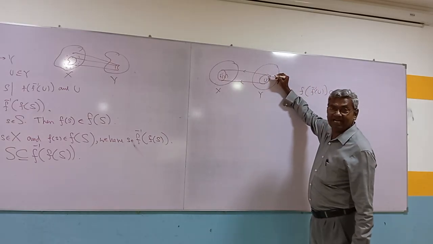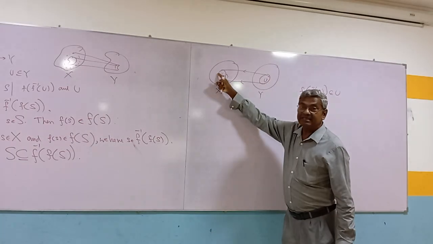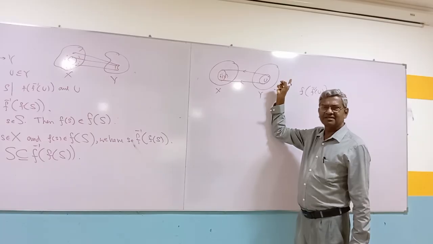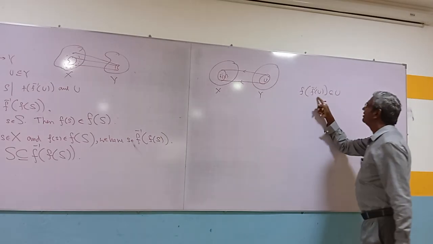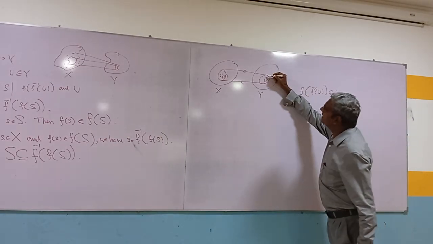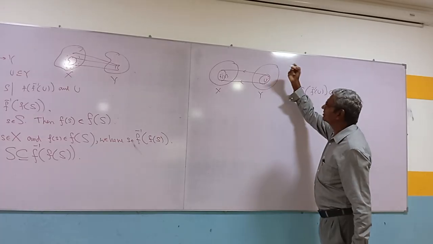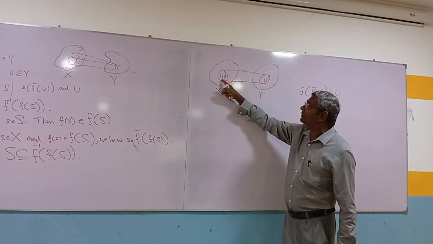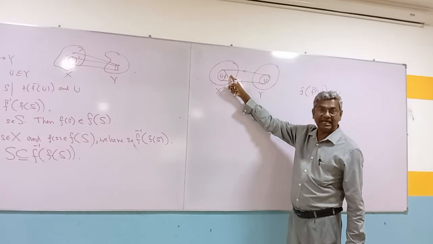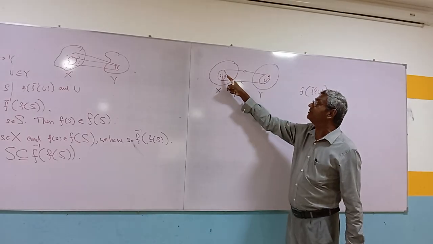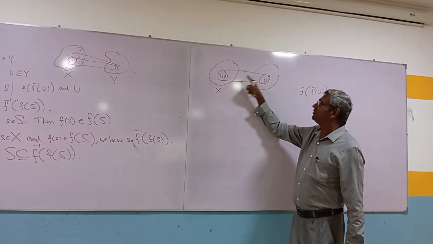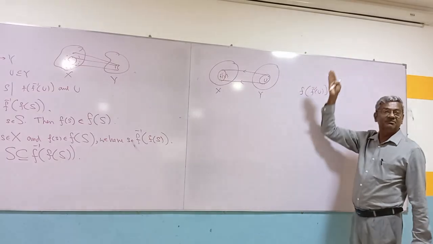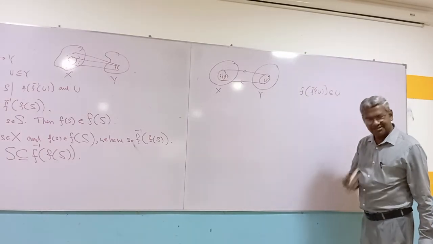There may be some leftover elements, they are not images of some elements x in U under f. So when you take f of f inverse U, you will delete them. That's the reason. Good.